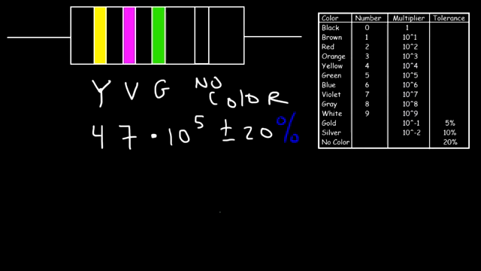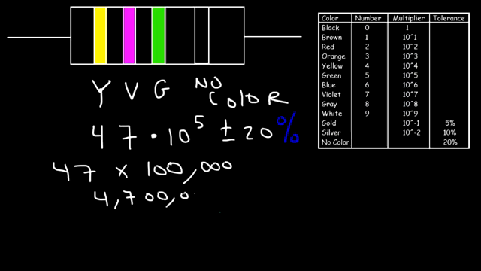What's 47 times 10 to the 5? 10 to the 5 is basically 100,000. It's a 1 with 5 zeros. And if you multiply 47 by 100,000, that's going to be 4.7 million, or 4,700,000.